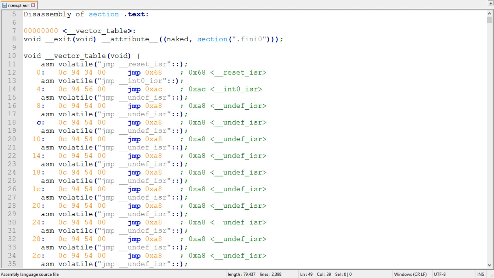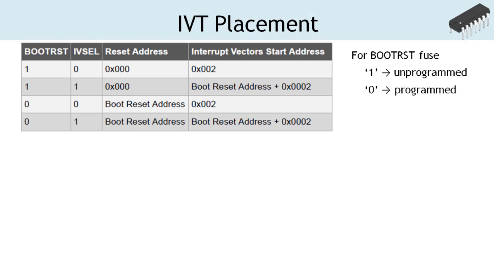The reset vector can also be moved to the start of the boot flash section by programming the boot reset fuse. The placement of the reset and interrupt vector table can be configured using the boot reset fuse and IVSEL, that is the interrupt vector select bit in the MCU control register MCUCR.